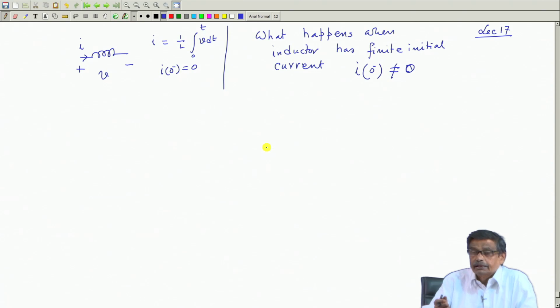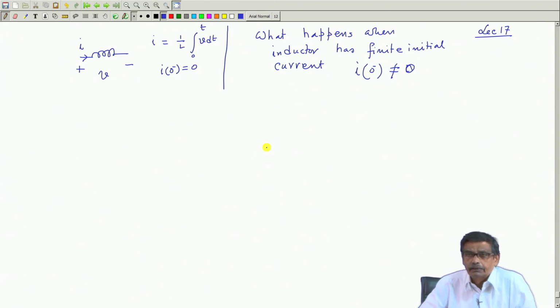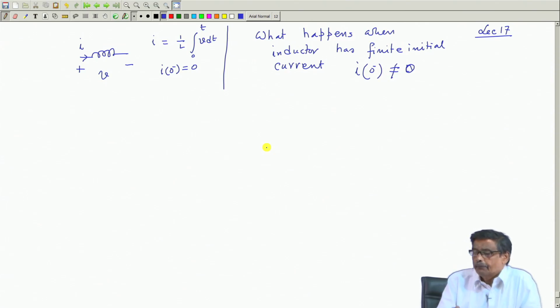And I am telling, if the inductor has got initial current, it cannot be treated as a linear element, hence superposition cannot be applied. Is there a way out, because that will be the situation in most of the cases? So, what happens when the inductor has finite initial current i(0 minus)?